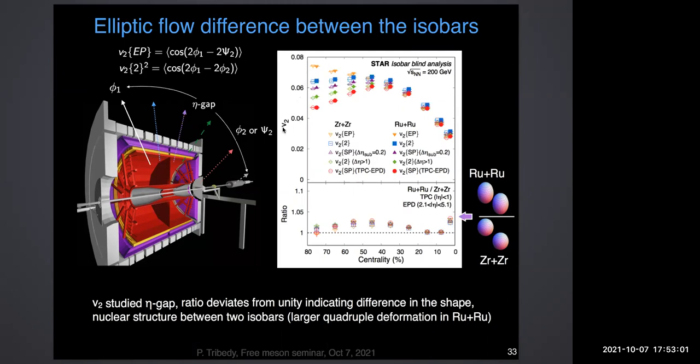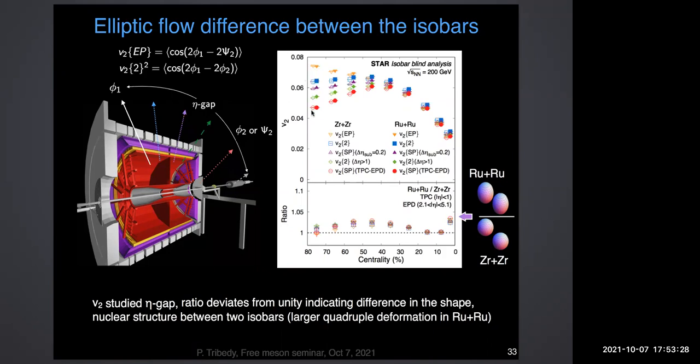This is what I plot: elliptic anisotropy v2 as a function of centrality. The upper panel is zirconium and ruthenium. Always in my plots, zirconium will be an open symbol and ruthenium a solid symbol. You notice that for zirconium and ruthenium it's difficult to see the difference here. But yellow to blue to purple to green to red is basically changing the gap in rapidity.